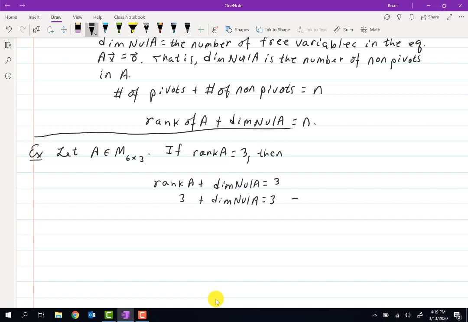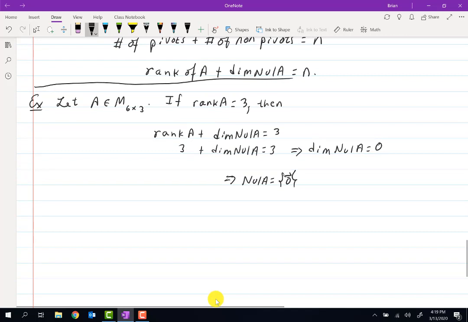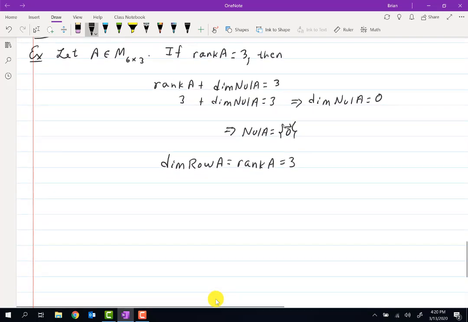This tells me the dimension of null A equals 0. In other words, null A equals simply the zero vector. While we're at it, the dimension of the row space equals the rank, which equals 3.